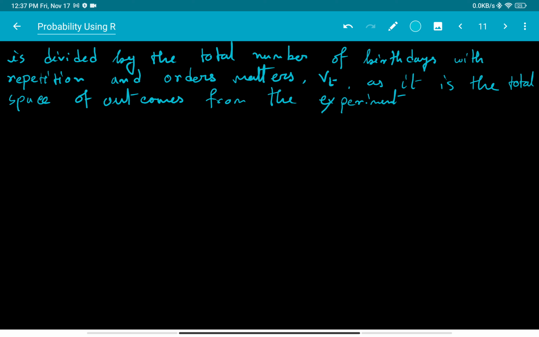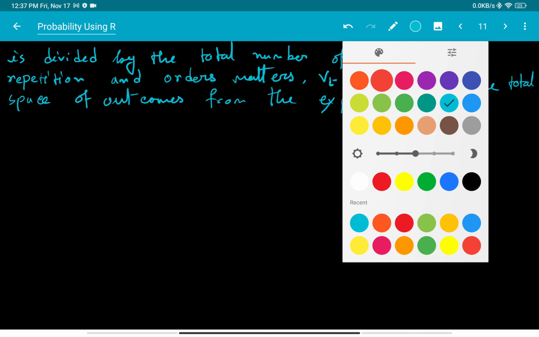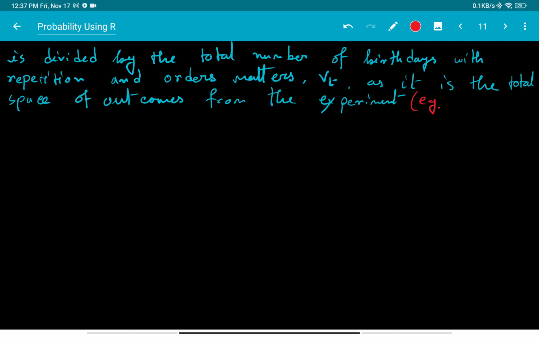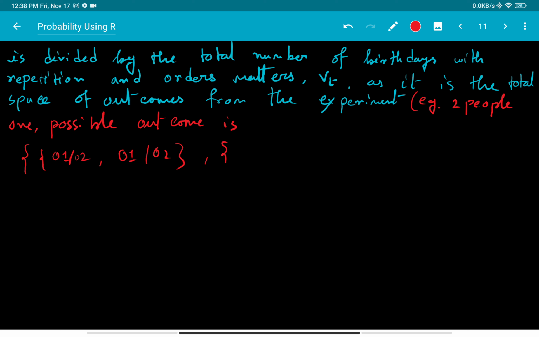In that example, two people, one possible outcome is 01 01, 01 02, okay, as I said, in MMDD birthday format, 01 02 like this, and 10 02 and 08 04 like this, and it will continue.